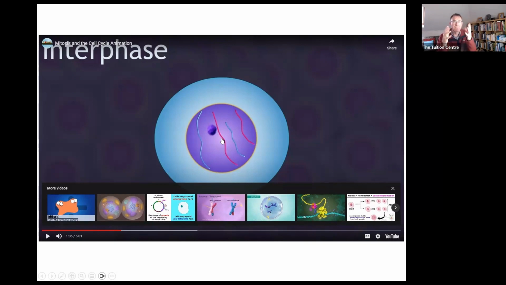They're too loose. So the DNA and protein is much more stringy. It's kind of spaghetti-like, and it's all kind of tangled. One chromosome is tangled up with the other chromosome. You can't see them as individual packages.